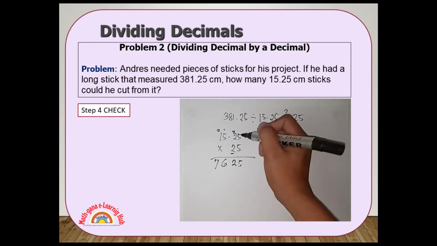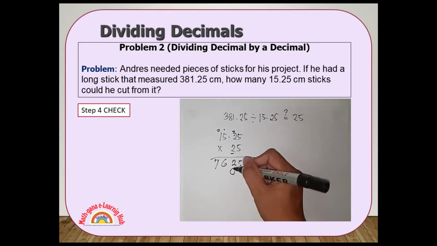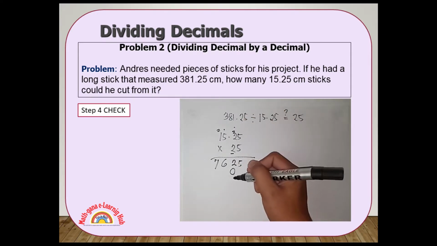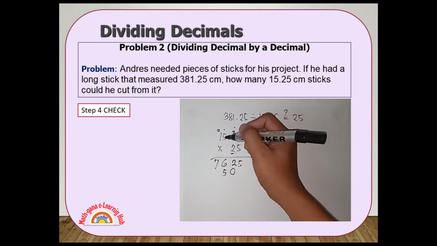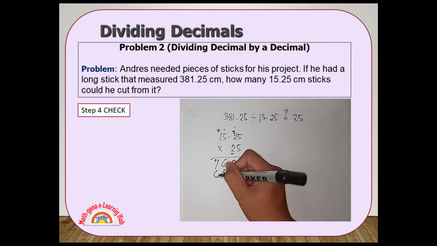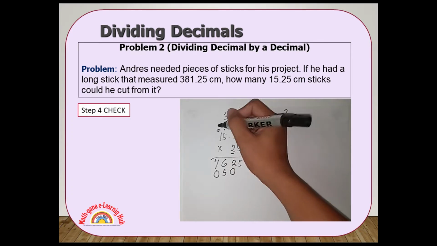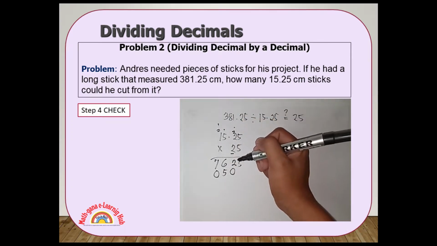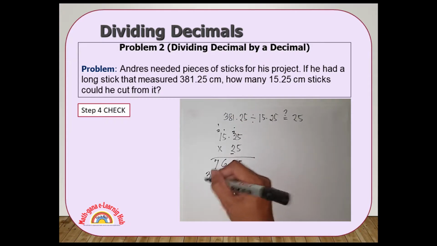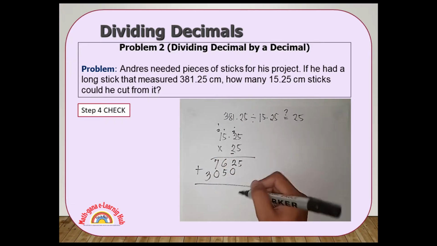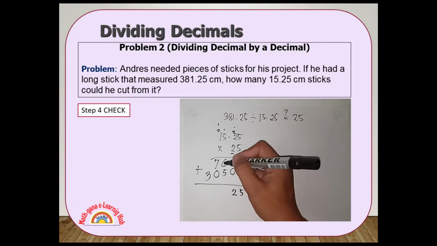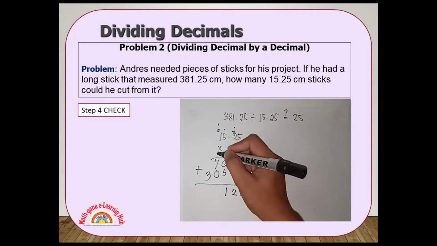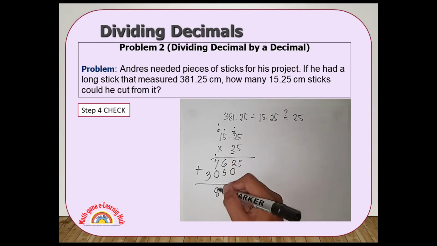Then let's have 2. 5 times 2 equals 10. 2 times 2 equals 4 plus 1 equals 5. 5 times 2 equals 10. 1 times 2 equals 2 plus 1 equals 3. Then let's add. 5 plus 0 equals 5. 2 plus 0 equals 2. 6 plus 5 equals 11. 1 plus 7 equals 8.